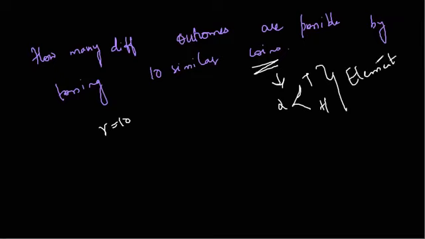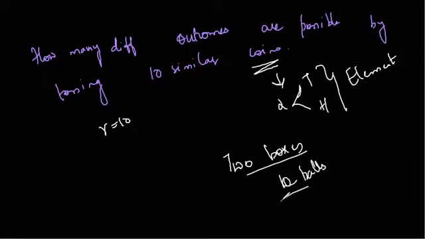Or you can even classify this problem as, if you have 2 boxes, how many ways can you place 10 balls in the 2 boxes, where the balls are all the same?